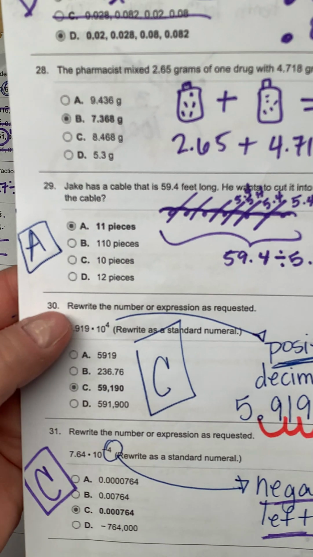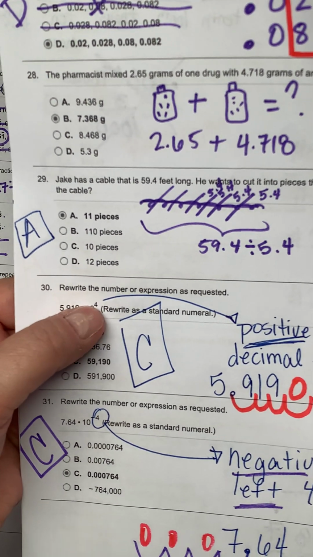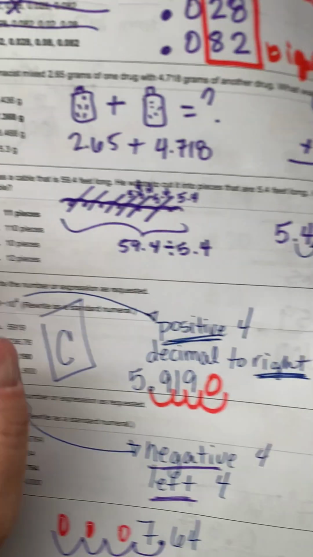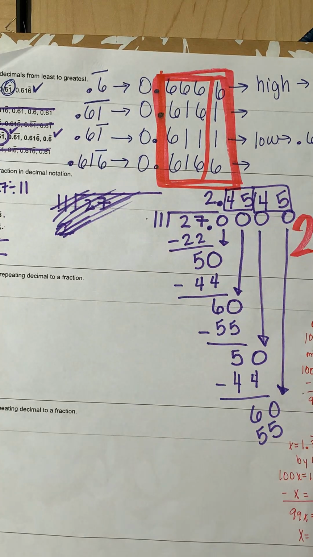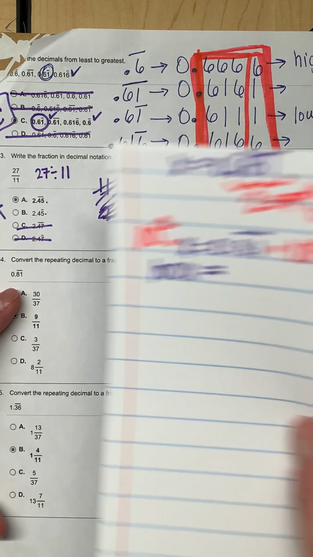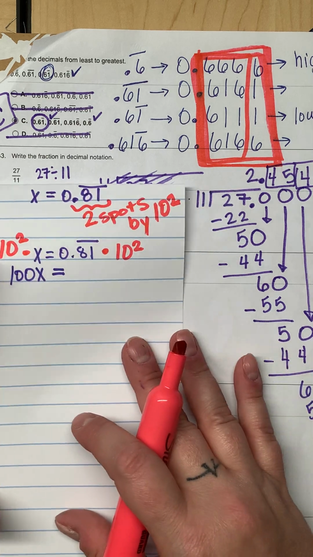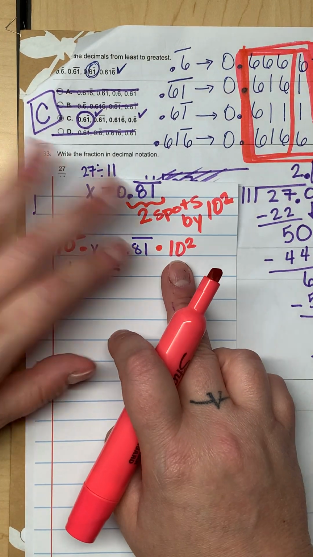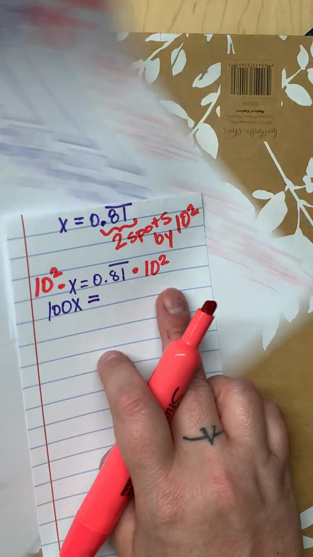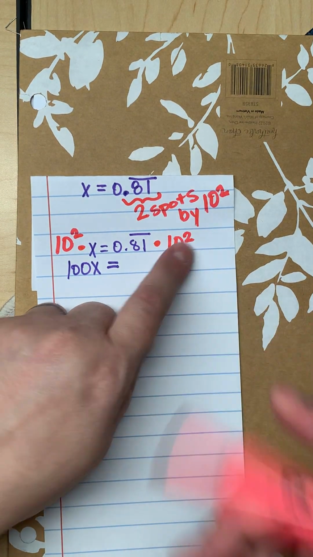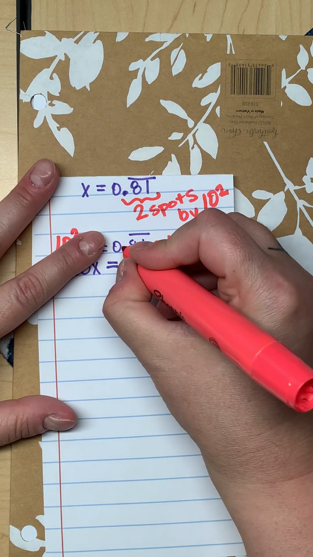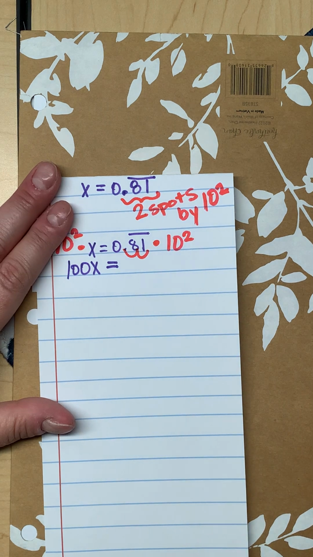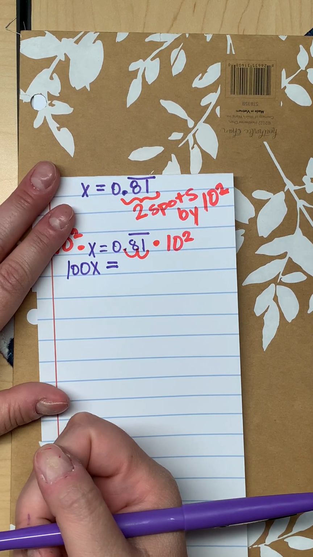You remember on number 30 when we have a positive exponent, your decimal moves to the right. Same thing here. We have a positive exponent, this number 2. So my decimal is going to move twice to the right.